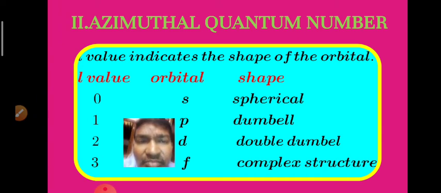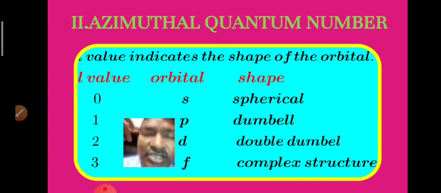As a result, the number of spheres becomes 4. And in the f orbital, the number of slits is equal to 8. Like that, as we move on further, the number of slits increases and the shape of the orbital becomes complex.